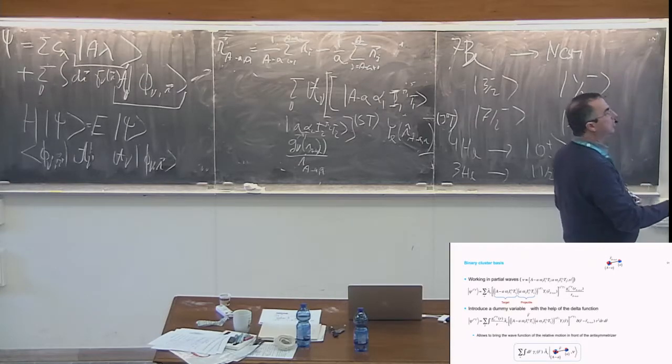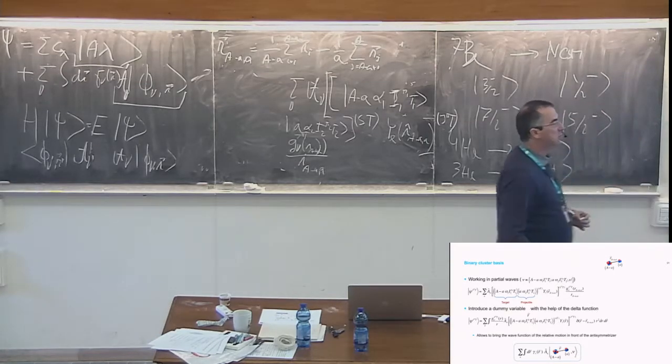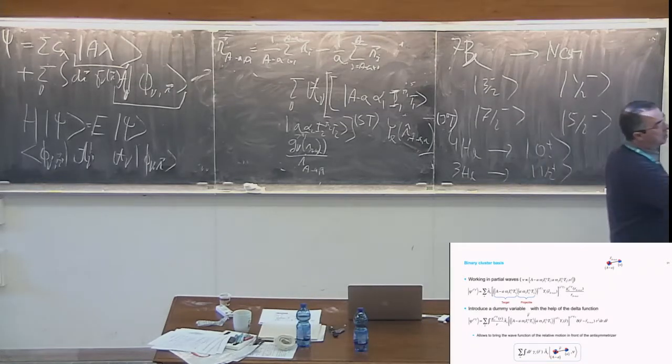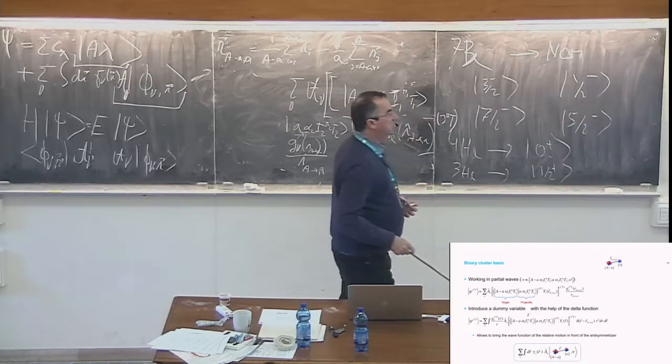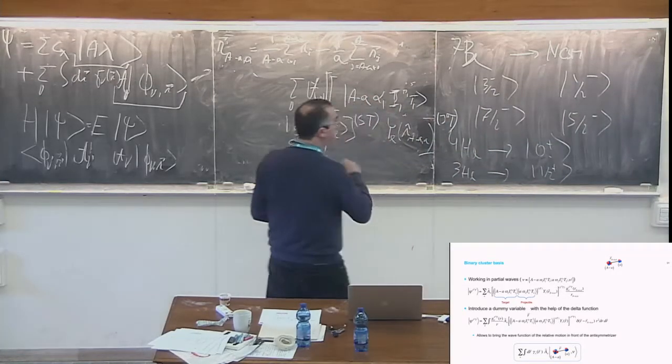This is the unknown. To do that, you simply introduce your Dirac delta and an integral, right? It's trivial, but it's a useful trick.